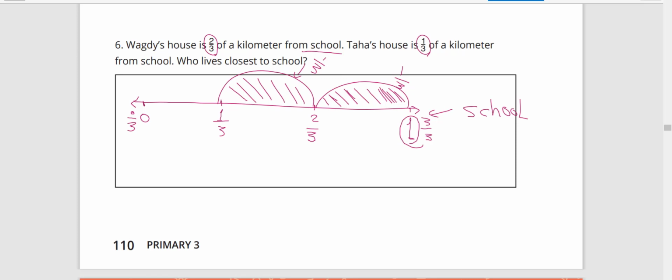So the house of Wagdi is this, and in here is the house of Taha.